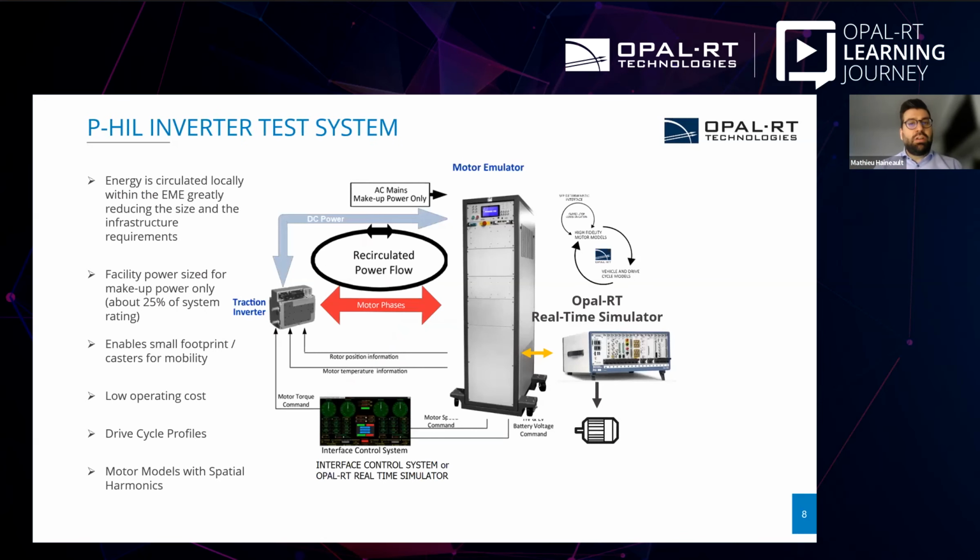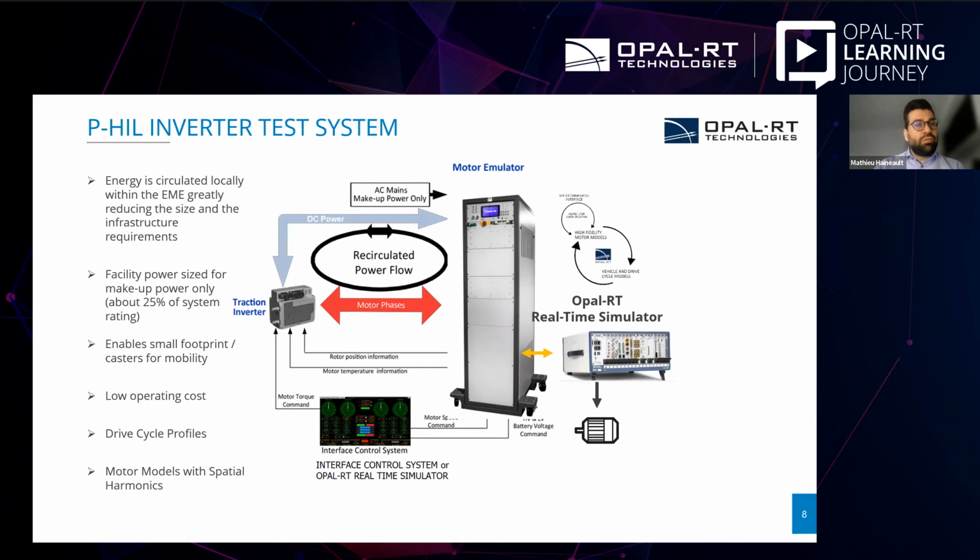If we look at the general concept, we have a single bench called the EME where you connect the traction inverters on the left. The main concept of the EME at DNV is to save you power by recirculating the power in the same cabinet. We create a DC bus inside the cabinet that is shared between the DC power provided to the inverters and the back EMF emulators for the three-phase or six-phase application.